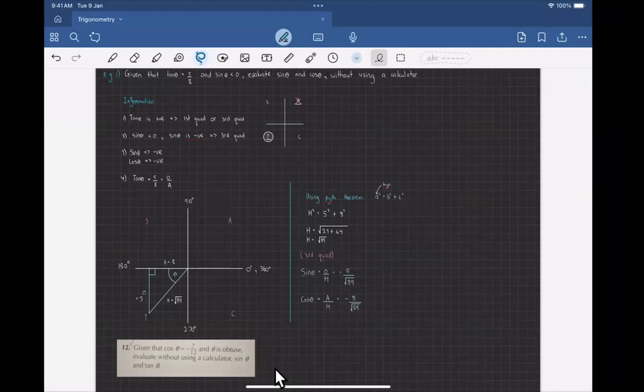So if it's less than 180, it has to be the first or the second quadrant. And the only quadrant where cos is negative is the second one. So you had to draw your triangle in the second quadrant. What did you get for your opposite? Opposite is root 95. Root 95.